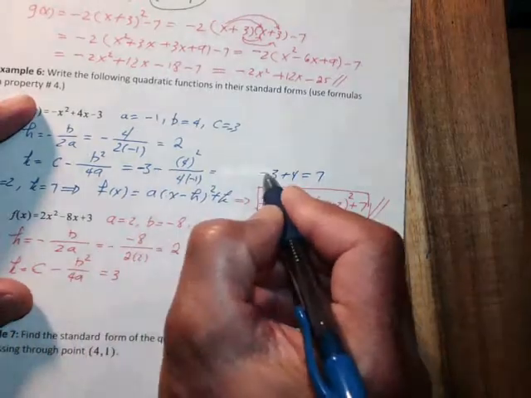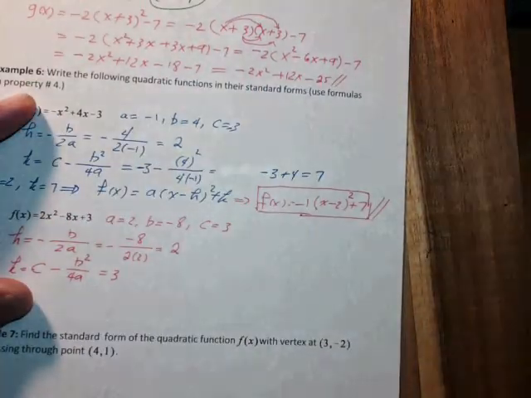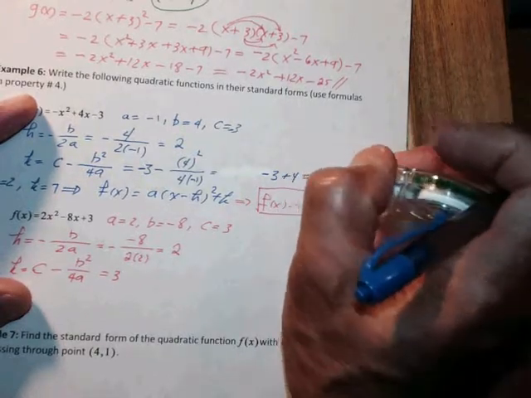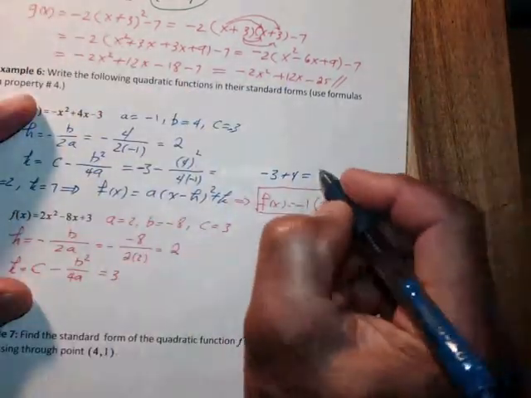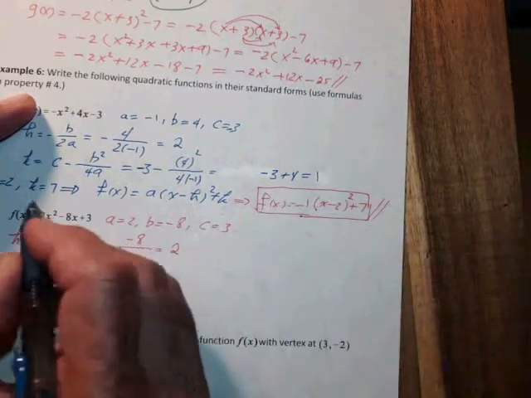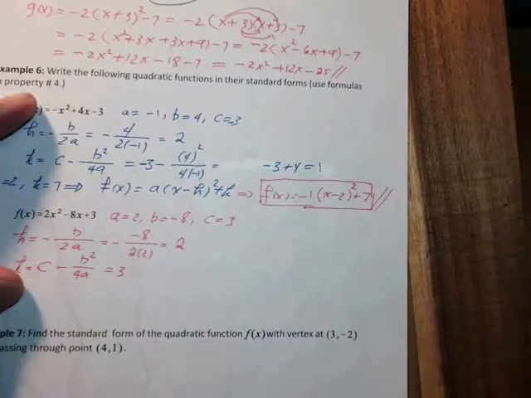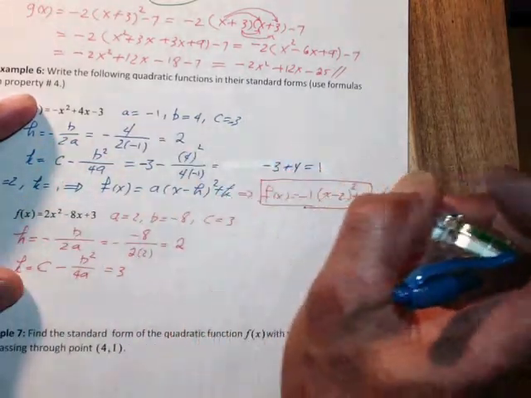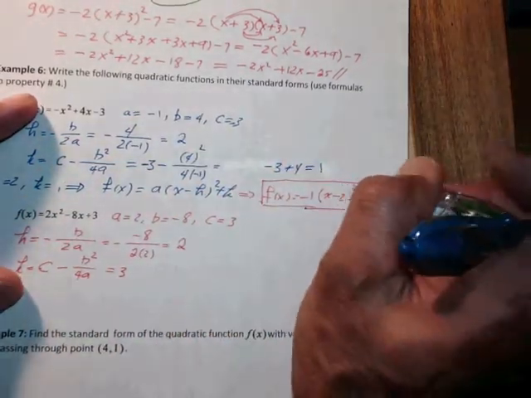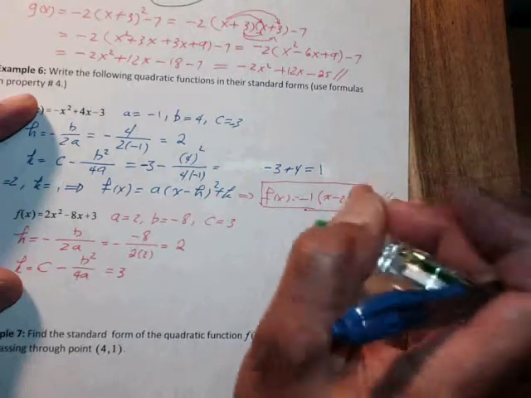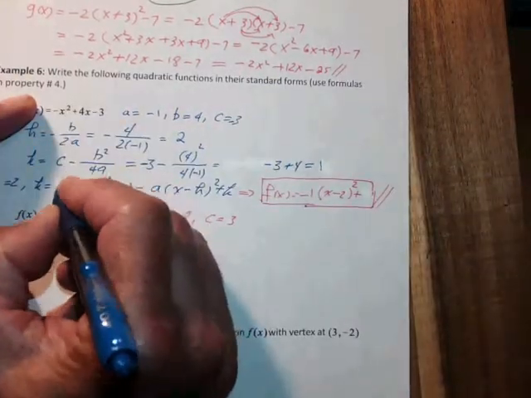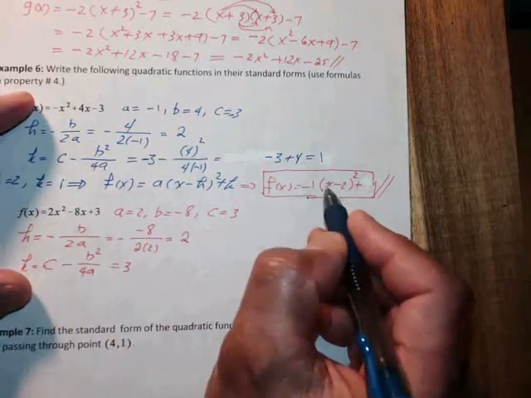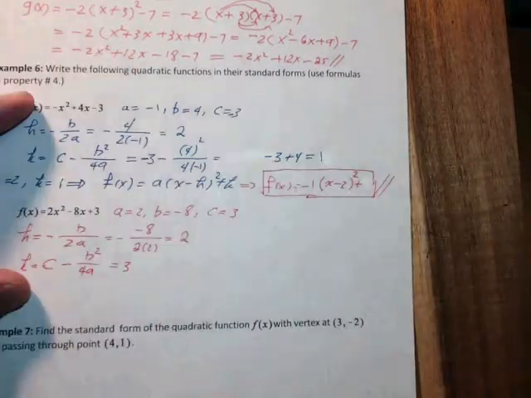It's negative 3 plus 4 instead of 7, you get 1. So k is 1 here. Putting them in this formula, I get minus 1 times x minus 2 squared plus 1.